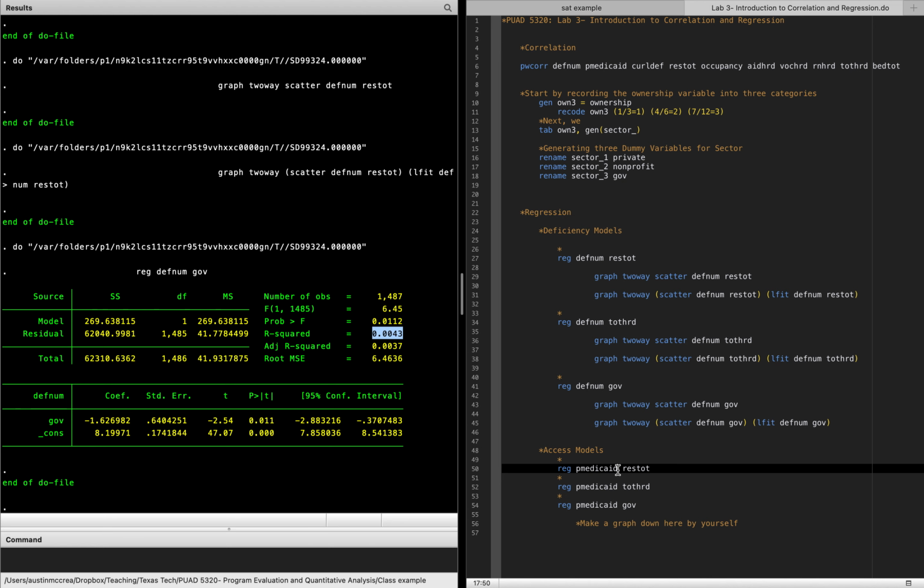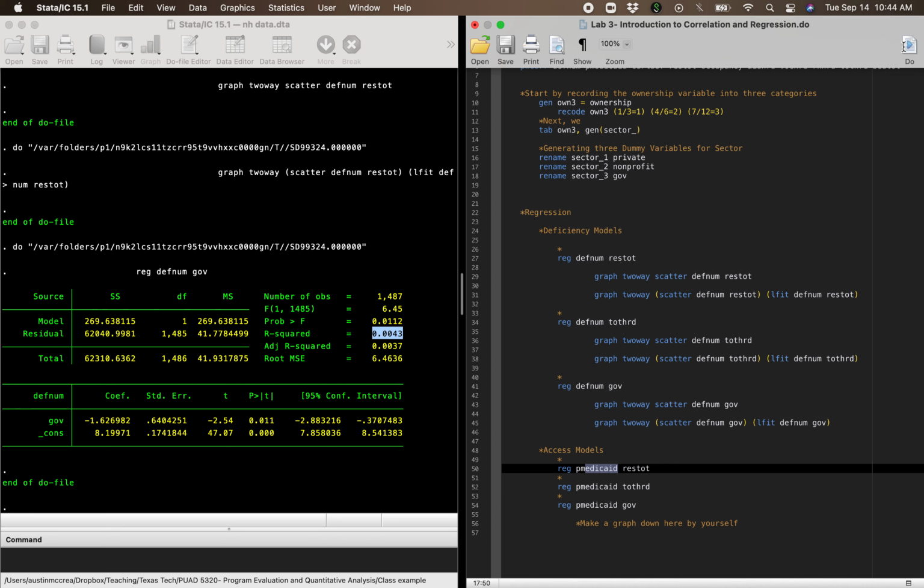Now, finally, what we'll do is I'll run one of the access models. So now we have a different dependent variable, which is the percentage of Medicaid patients, and we'll use the number of residents in certified beds as our key independent variable. So we'll highlight this command and run it.